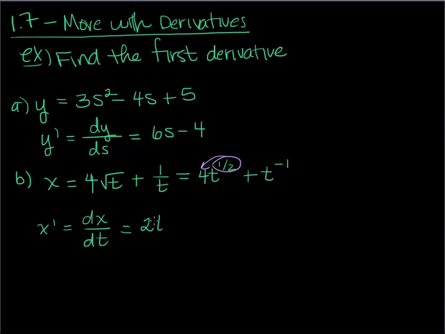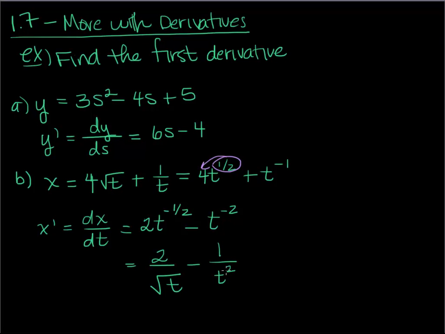If I take a whole away from a half, I get a negative 1/2. And then I'm going to bring that negative 1 down, of course, and take 1 away. You could leave it like that, or eventually we're going to want to simplify these a little bit. So this would be 2 over the square root of t, that's what that negative does, minus 1 over t squared. I hope that makes sense.